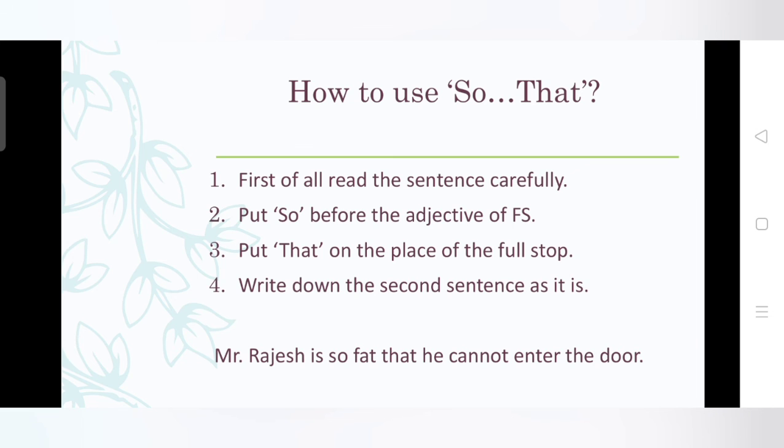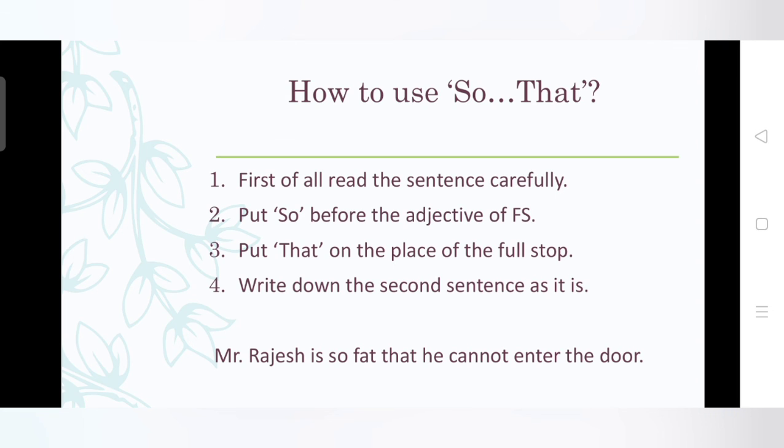Originally the sentence was, Mr. Rajesh is fat. This is the first sentence. He cannot enter the door. This was the second sentence, and I have joined both these two sentences with the help of so that. The sentence has become, Mr. Rajesh is so fat that he cannot enter the door.